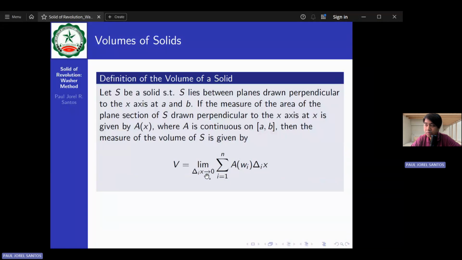This is how we will compute the volume of the solid.